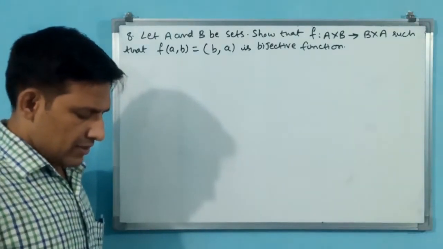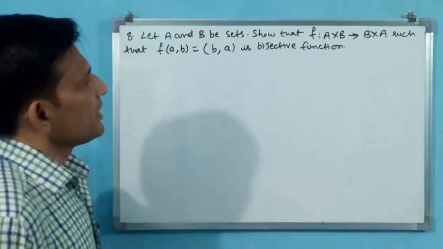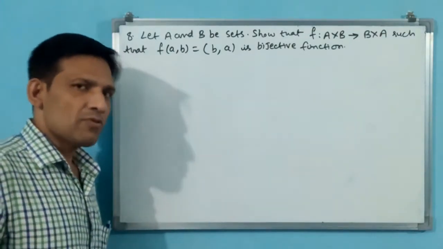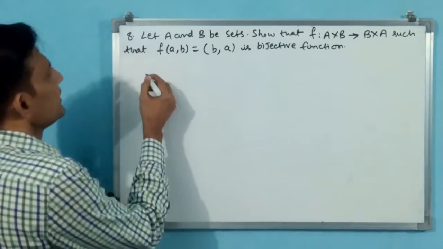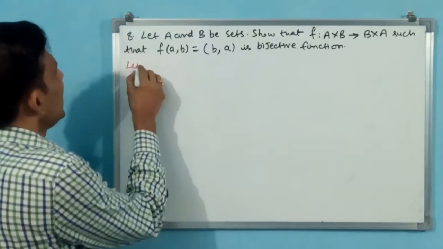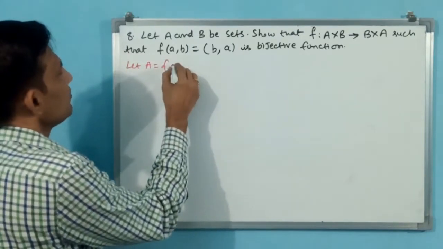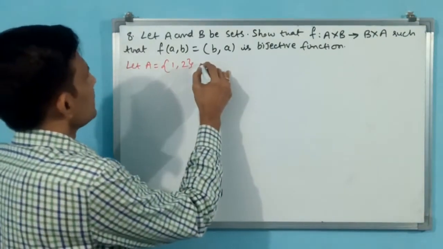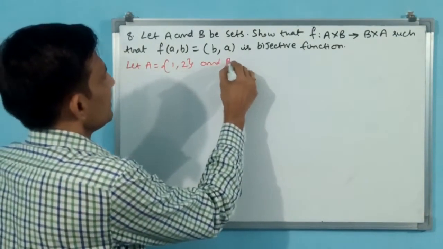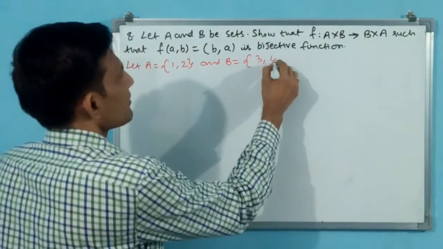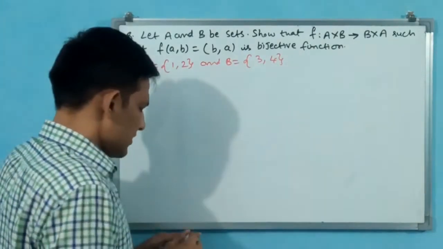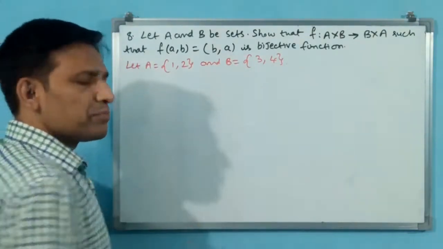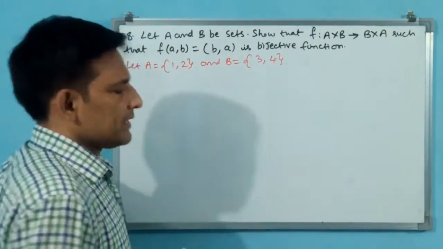Now what they have given, A cross B we have to design. That means first of all sets A and B we have to design. Let us design set A. Let A is equal to say {1, 2} and B is equal to {3, 4}. Now see, like this simply you have to take.